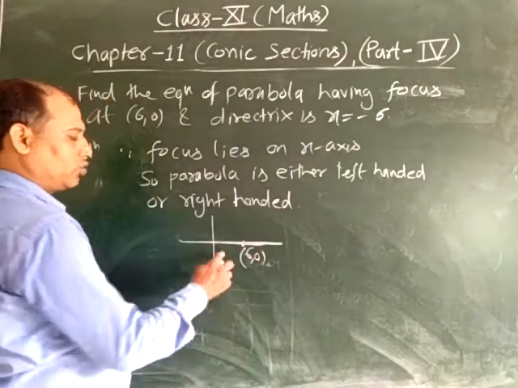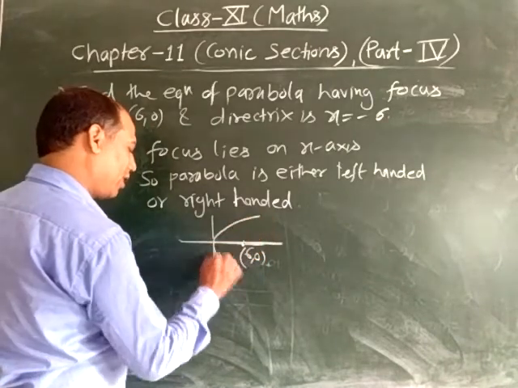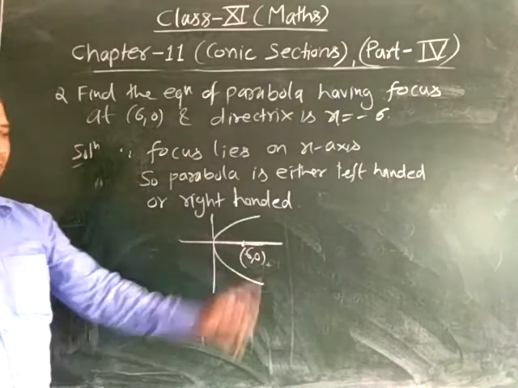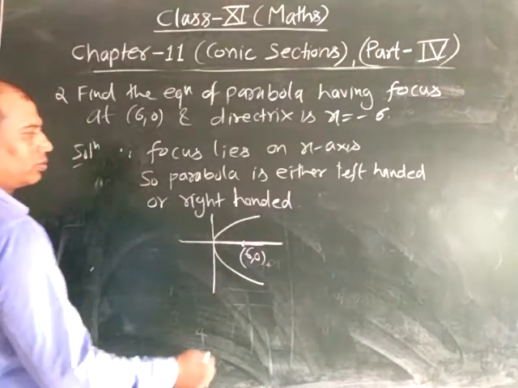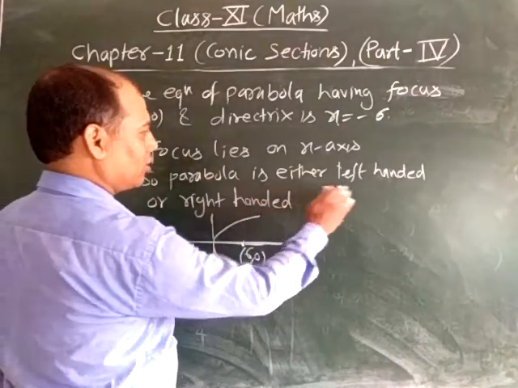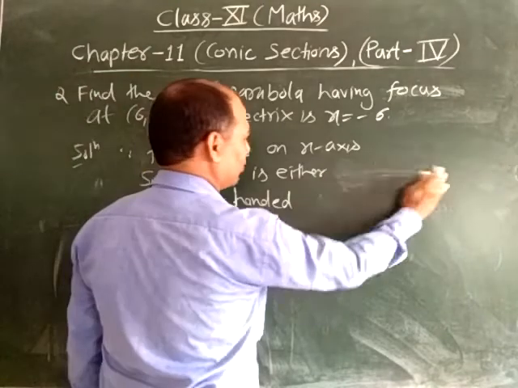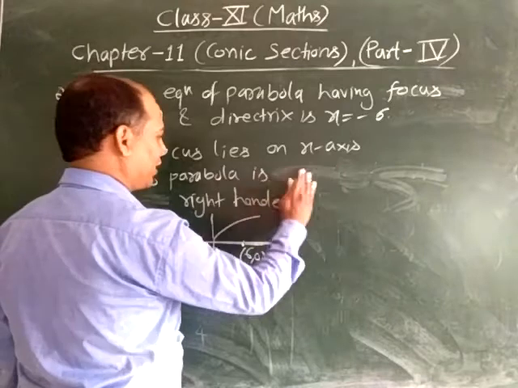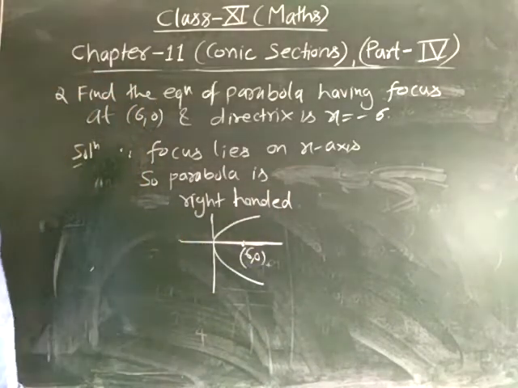So the parabola is open to the right side. So this is the right-handed parabola. It is clear, students?